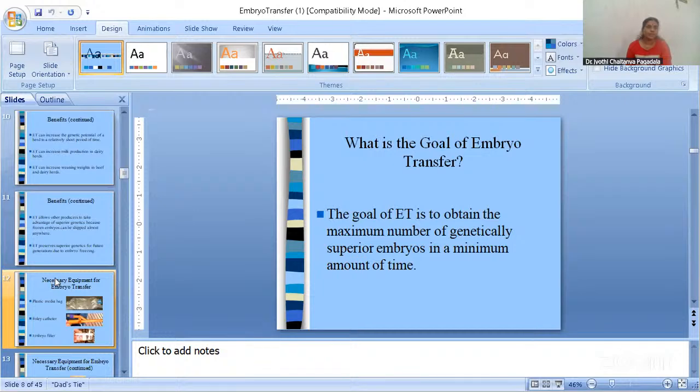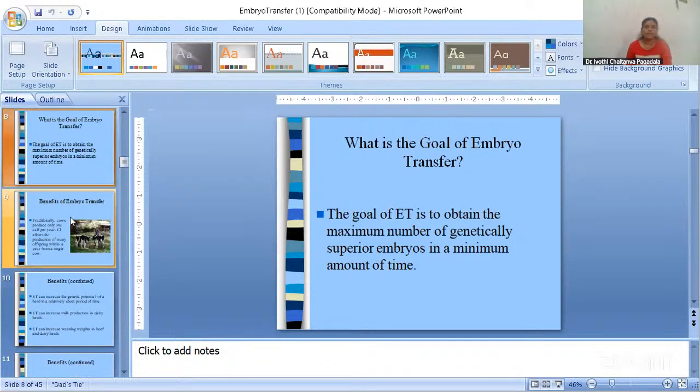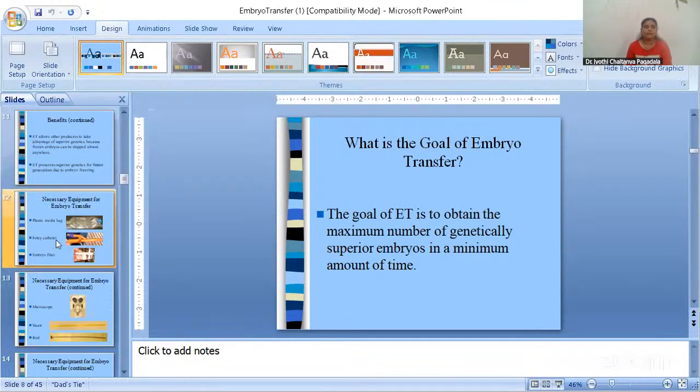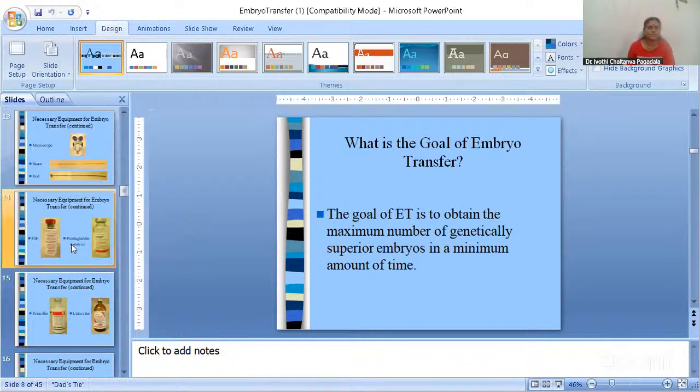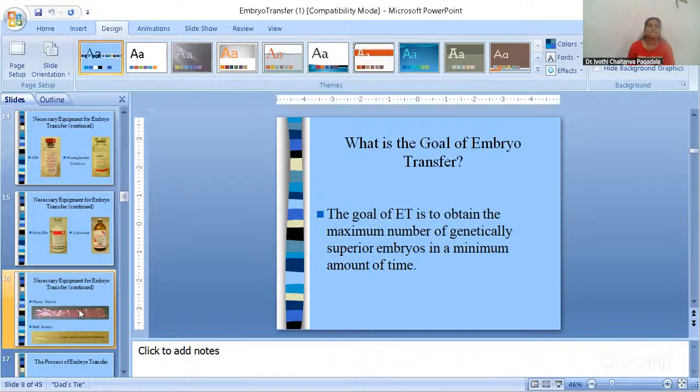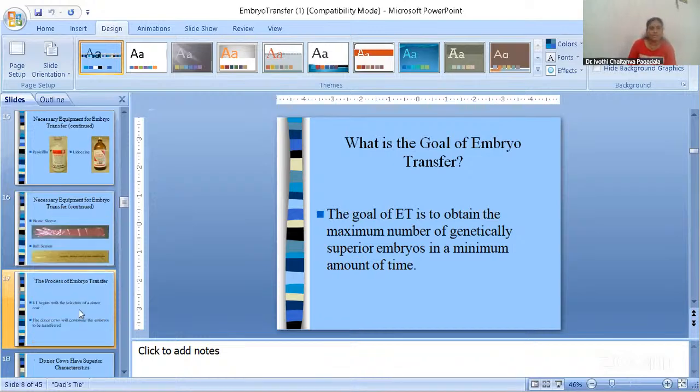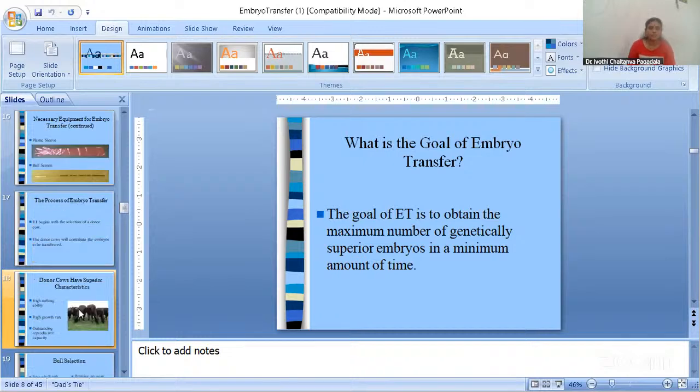Yesterday we also discussed the benefits of embryo transfer, the necessary equipment for embryo transfer, and the process of embryo transfer.